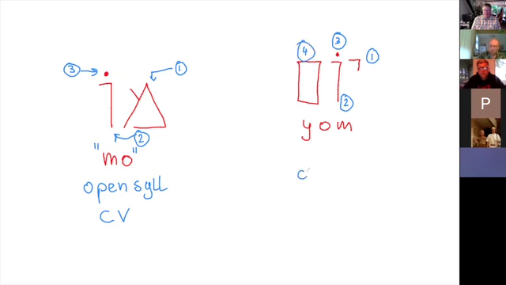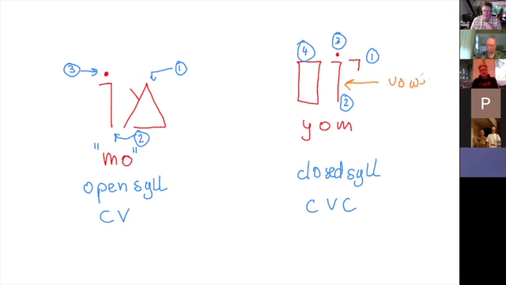This is a closed syllable. It has a consonant, a vowel, and a consonant. So what you need to understand is that this vav over here is a vowel and not a consonant.